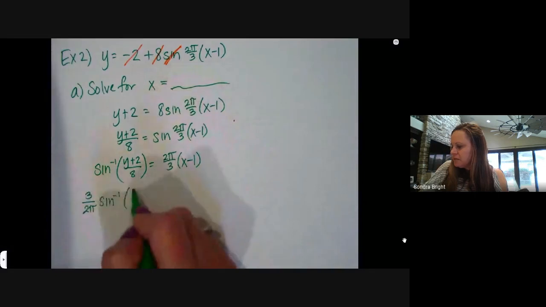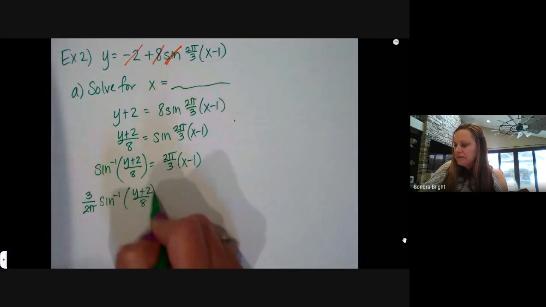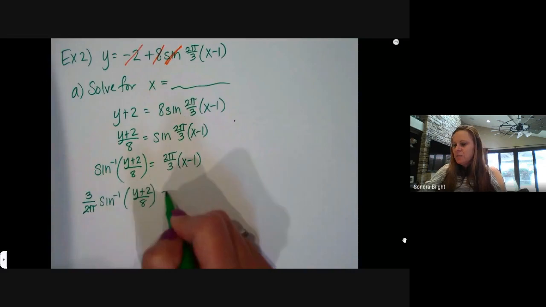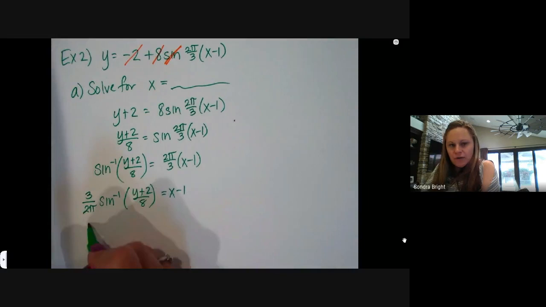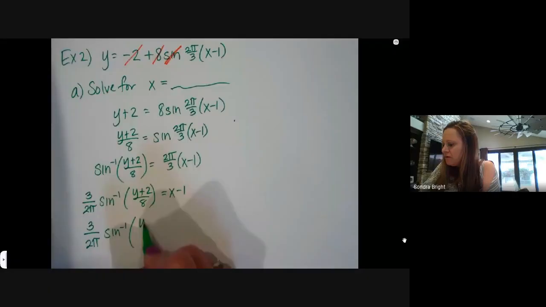And then you're left with just the parentheses, the x minus 1. And the last step, so that we can solve for x, would just be adding the 1 over. So you get 3 over 2 pi times inverse sine of (y plus 2) over 8, plus 1, is equal to x.